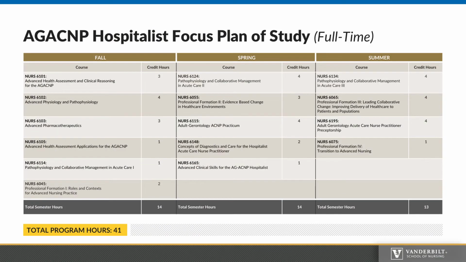Next, we'll discuss the full-time and part-time plans of study for the AGACNP Hospitalist. Full-time plan of study is listed on this slide, and you will see that you take the same coursework as the traditional students in the fall. In the spring, all full-time hospitalist students will enroll in Nursing 6148, the didactic course for the hospitalist focus, as well as 6165, the lab component of the hospitalist focus.